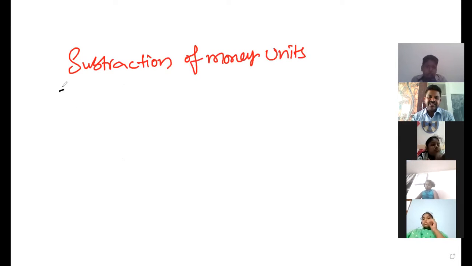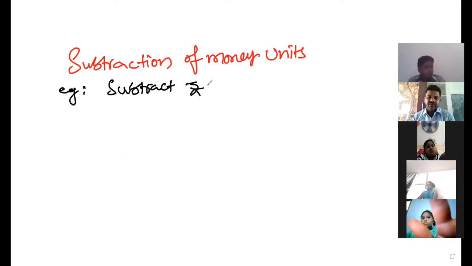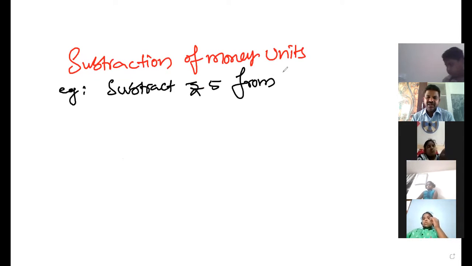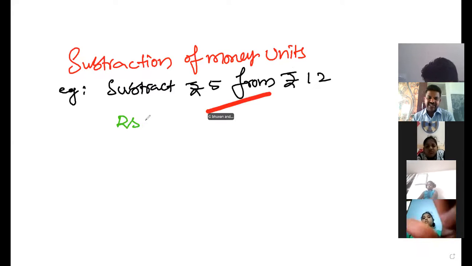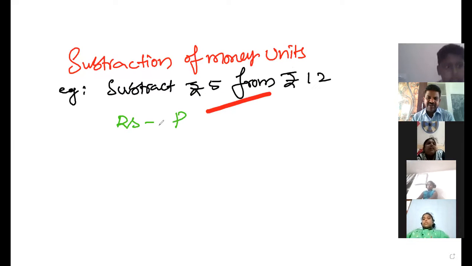You just make one example problem: subtract 5 rupees from 12 rupees. To do this, you just write rupees and pies. You write subtract 5 rupees.